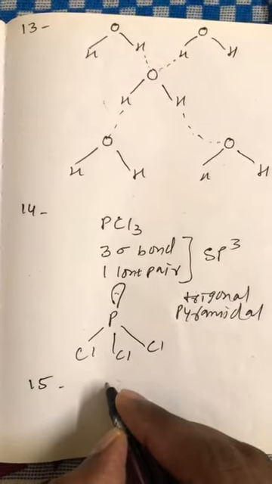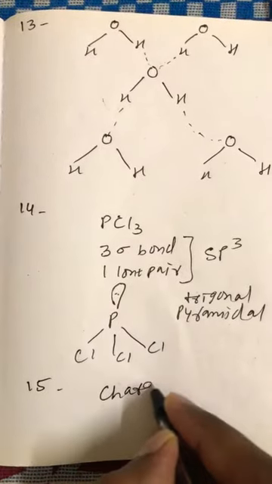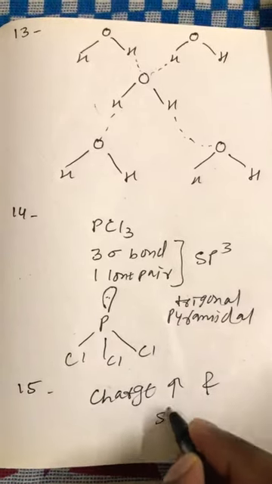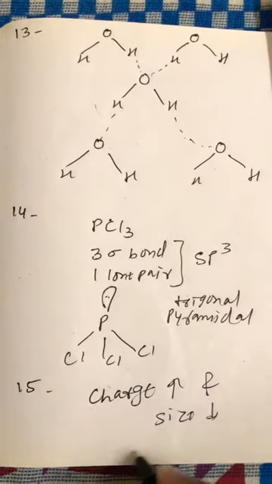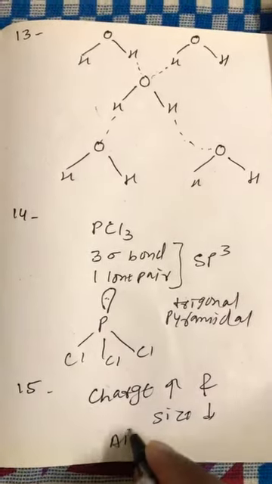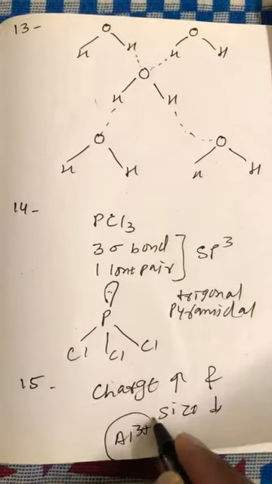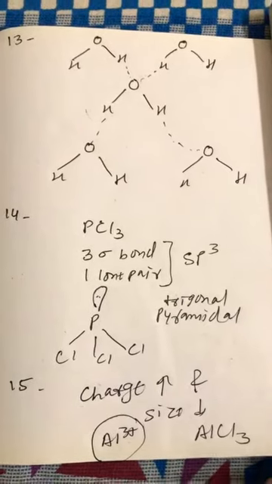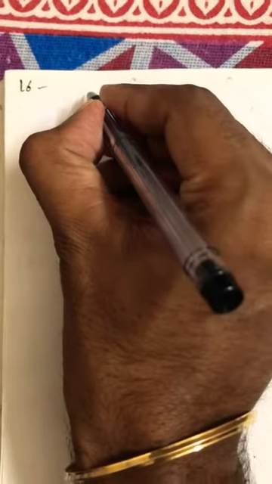Question number 15. Because of greater charge and small size of Al3 positive, AlCl3 is covalent. Question number 16.